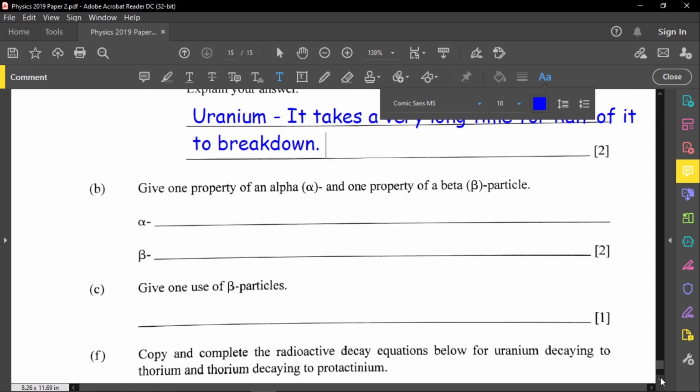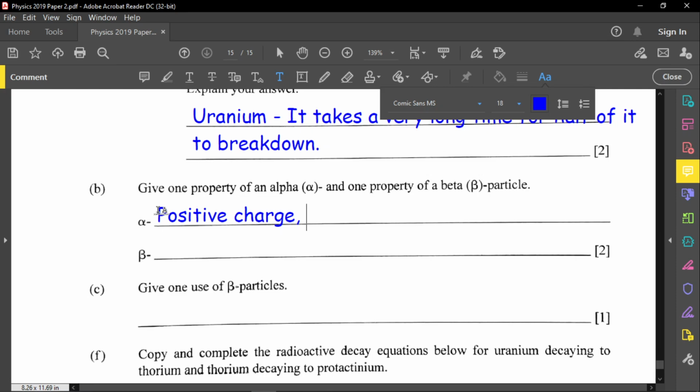Give one property of alpha particle and one property of beta particle. I'm going to give you more than one property. So alpha particle has a positive charge.